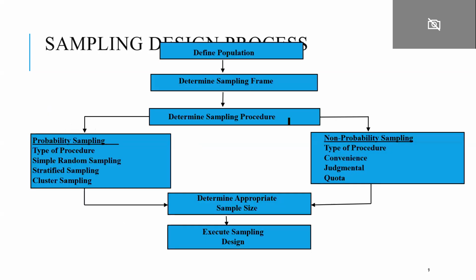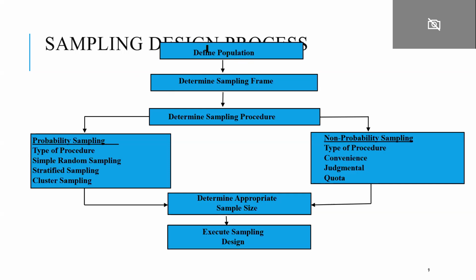This is the sampling process, you can say. Sampling design or sample selection process. Firstly, you have to define your population, meaning on what population you want to perform your study. Second is to define and determine the sampling frame based on your population. Suppose you want to conduct some study on adolescents. Adolescents means the young consumers or youngsters who are less than 18 years.